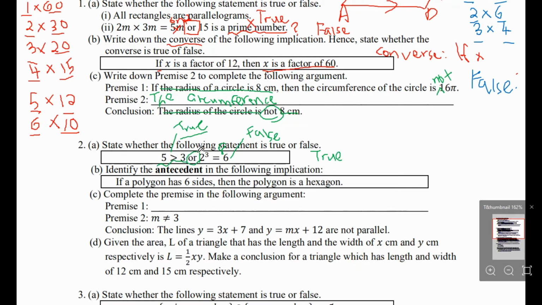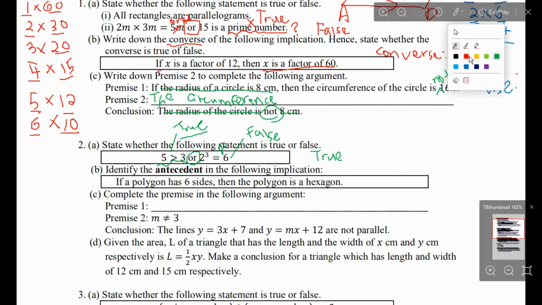If we are using or, if either of them is true, then this statement is true. If both of them are true, this statement is also true. But if both of them are false, then this statement will become false.